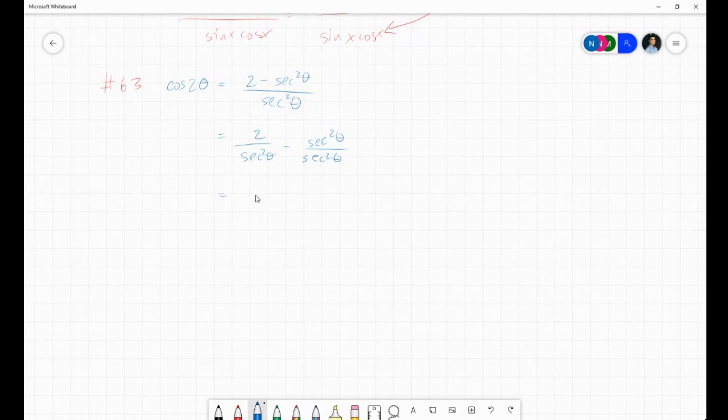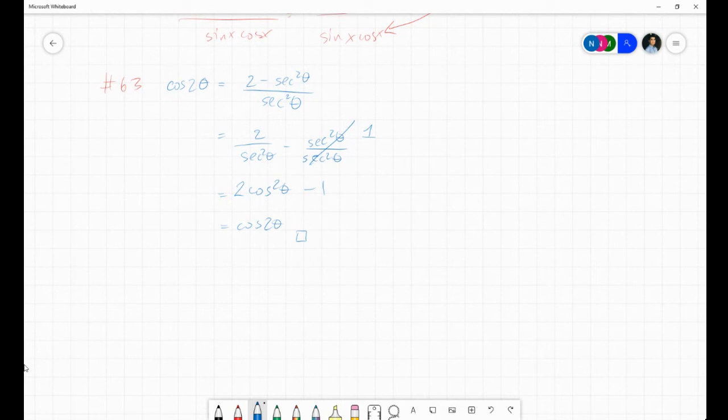Go ahead. Then what I did was, since cosine is 1 over secant, cosine squared would be 1 over secant squared theta.